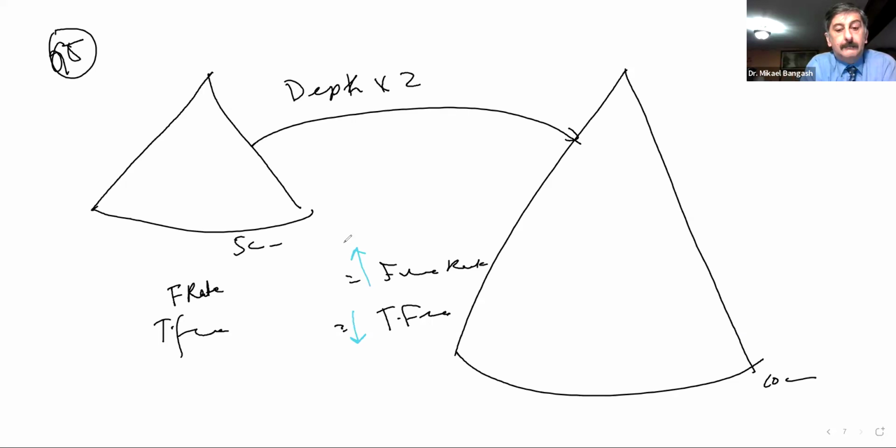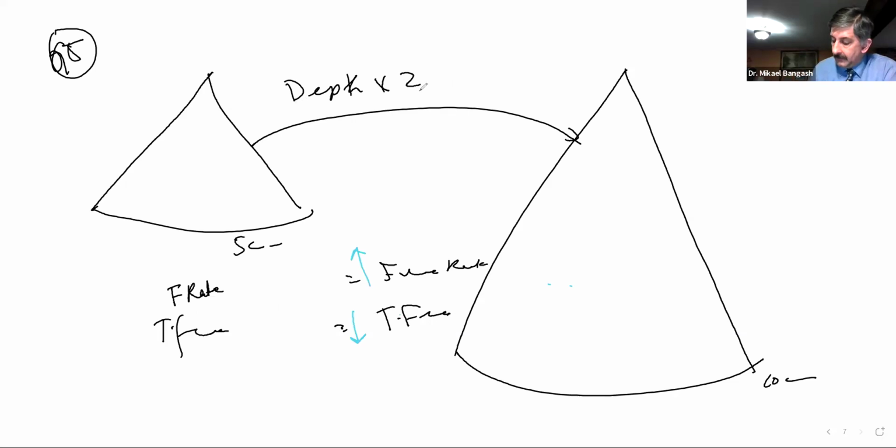Did you guys get that? Yes. And that will mainly cause that decrease in the T frame, or that factor that would have increased the T frame over here, so that the T frame would have been the same although the depth had been doubled.